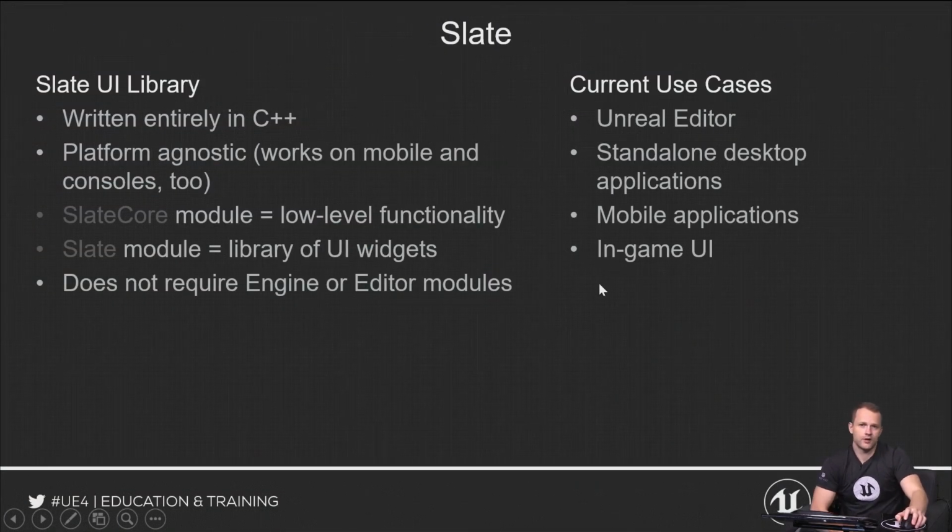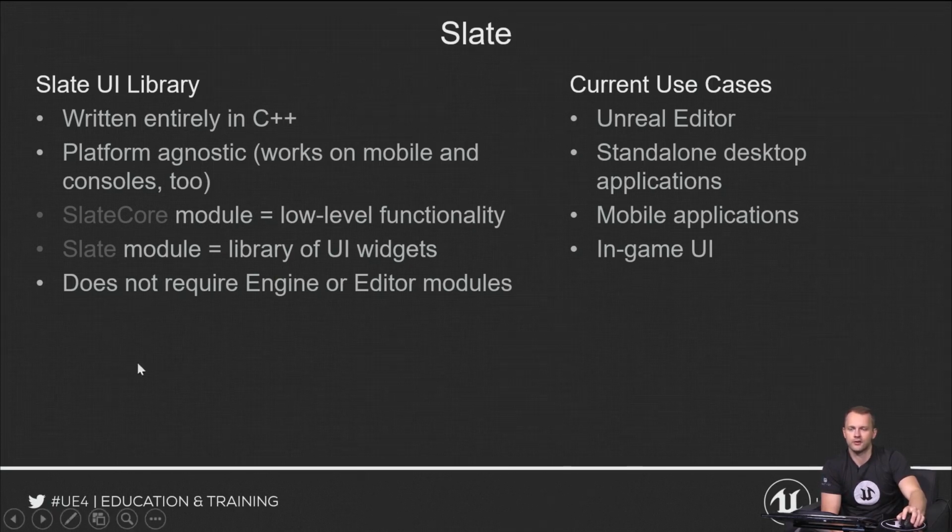One really cool thing about Slate is that it's platform agnostic, so it runs not just on Windows, but also everywhere that Unreal Engine 4 is supported on, including video game consoles and mobile devices. It does not require any engine or editor dependencies, so you can actually use it for writing standalone applications that do not depend on the engine at all.